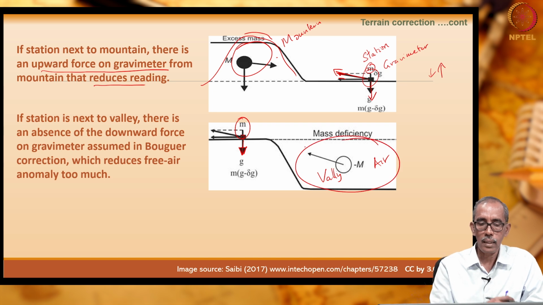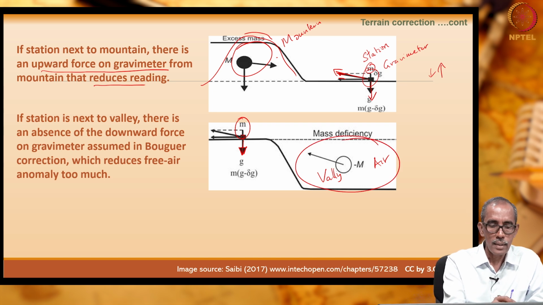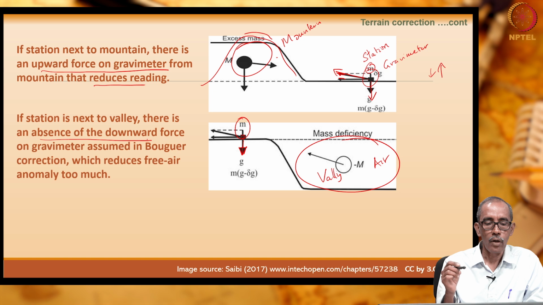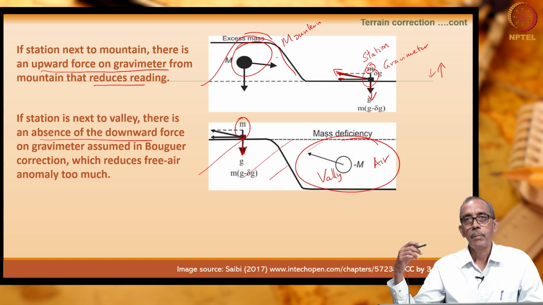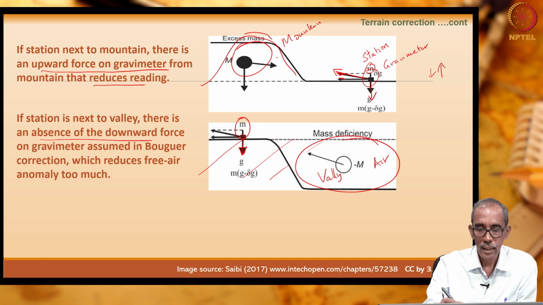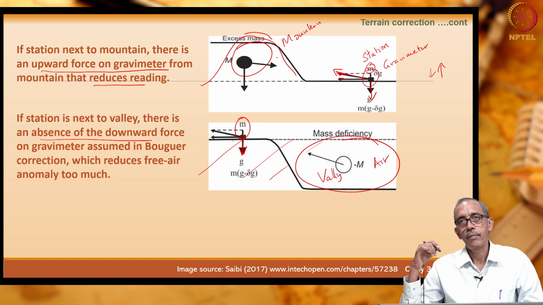There is an absence of downward force on the gravimeter as we had assumed in Bouguer correction. In Bouguer correction, we assumed the presence of a thick slab, but the slab is missing here. The gravity value which we are measuring here is slightly lesser.